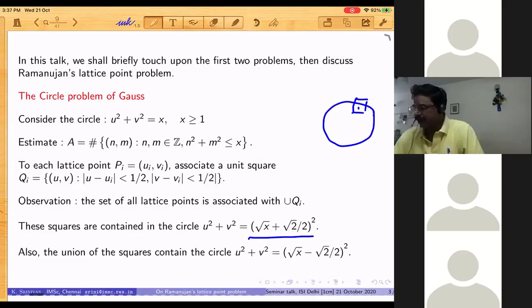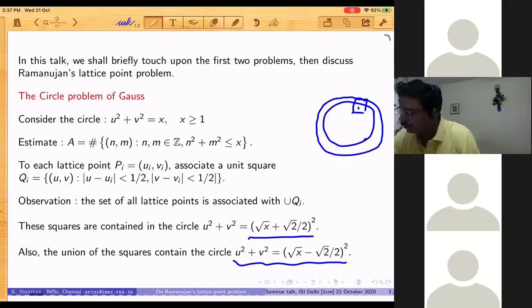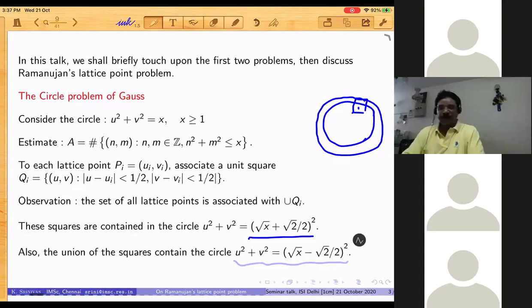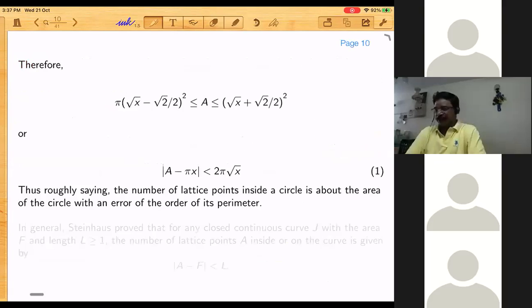On the other hand, if we take this circle, then the union of squares contains this circle. This is a smaller circle which is inside. As a result of this, what we get is the following. The number of lattice points is bounded above by the area of the bigger circle and bounded below by the area of the smaller circle.